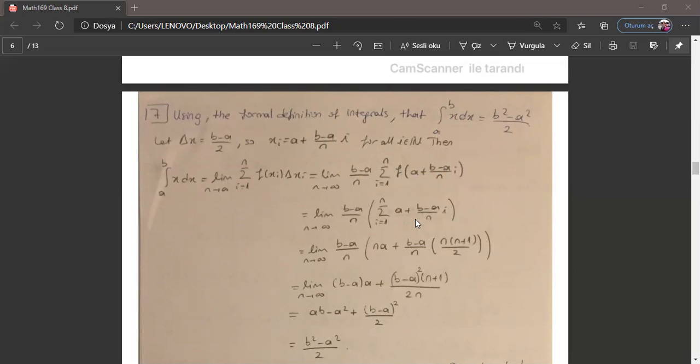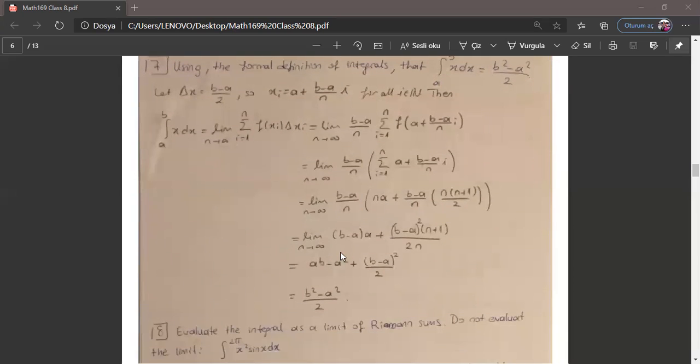So what do we have? We have this sum plus this sum. This will give us n times a, sorry, and this will give us, here we have i, remember, this will give us that, and we have this multiple b minus a over n. We multiply by this sum and get this value, okay.